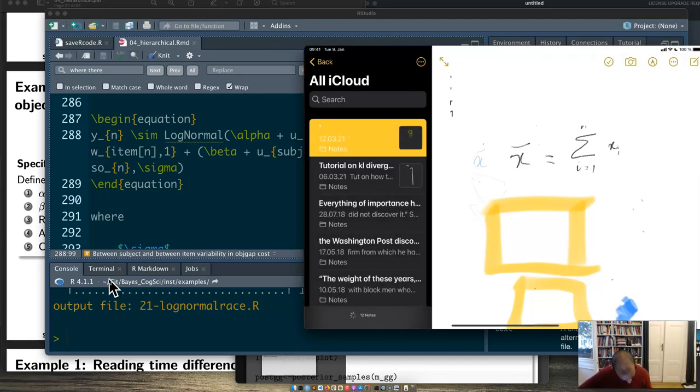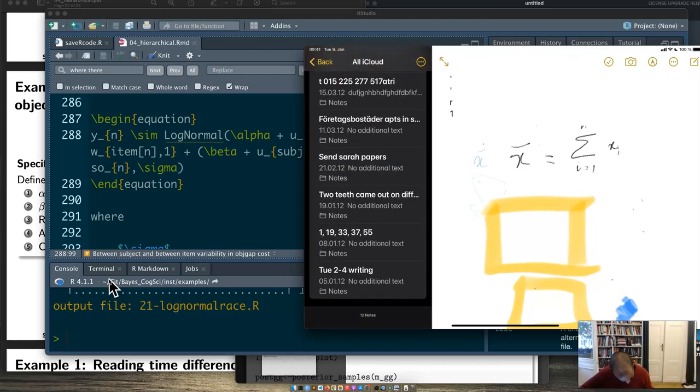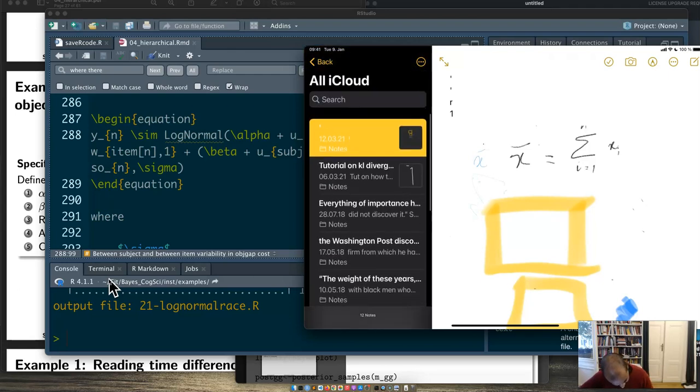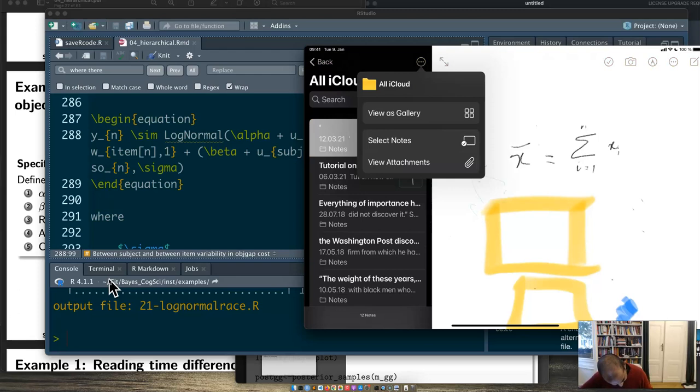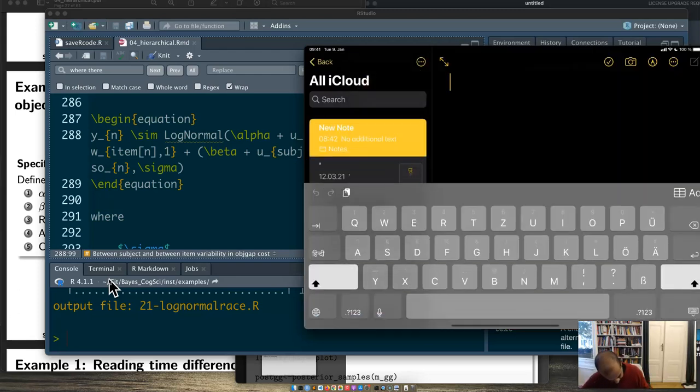This is really irritating. I want to create a new note, so let's do that. How do we get rid of this keyboard here?